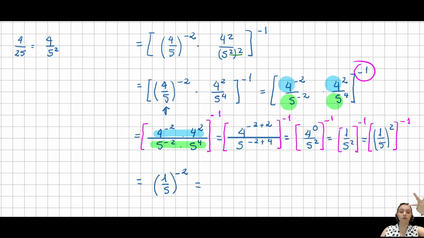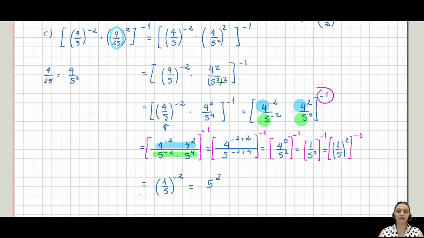We have the inverse, okay? In just one word, the negative of the exponent gives us the inverse of the base, okay? So if we have 1/5, then we have 5. And this becomes 5 power 2. And this is the single power that we had to represent, okay? So this is for exercise C.